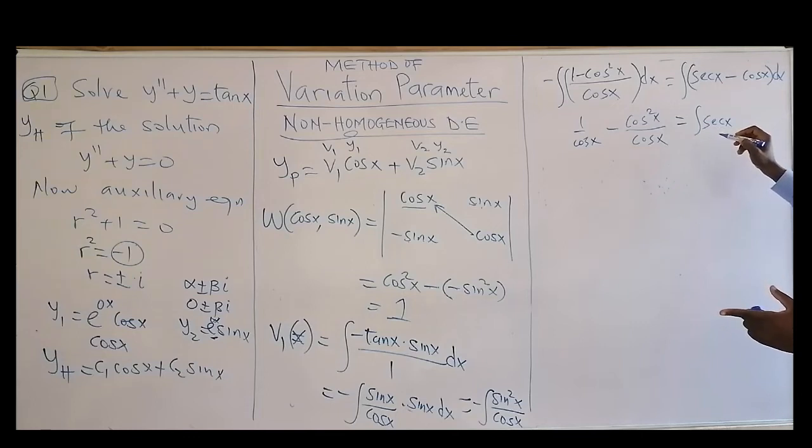Don't forget there's a minus outside. So we have minus the integral of sec x, and then minus times minus is plus the integral of cos x dx.